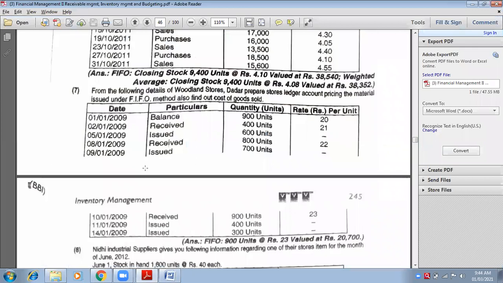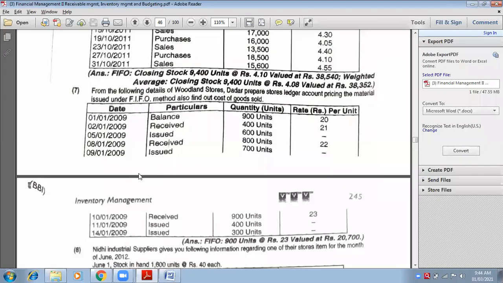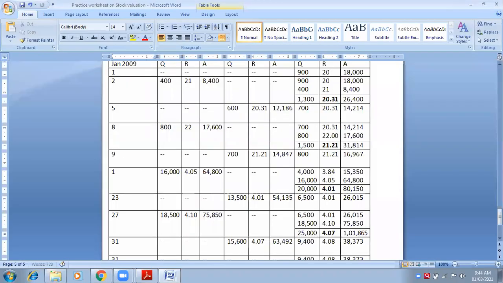Next, after 9th, we have 10th date: received 900 units at the rate 23. So how much will be your amount? 20,700. Okay.